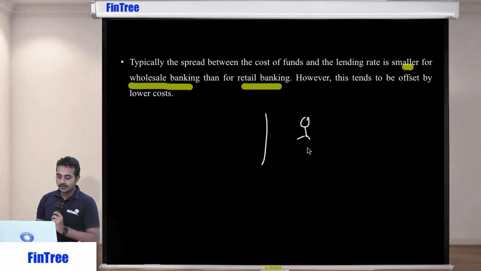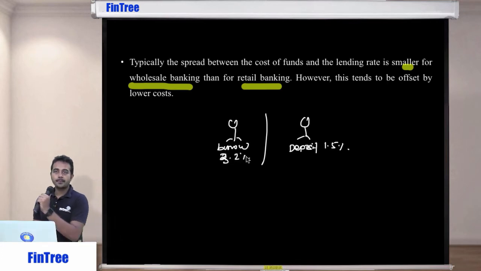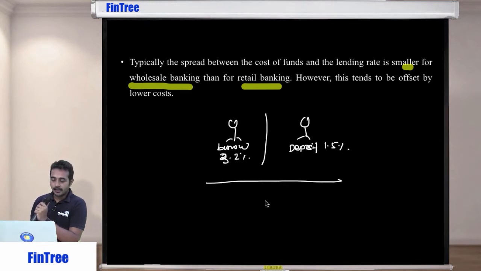Imagine an individual comes who is willing to make a deposit. On the deposit, you offer him a return of, let's say, 1.5%. Then an individual comes who is willing to borrow, and on the borrowing, you charge him an interest of, let us say, 3.2%. This is what we see in retail banking.